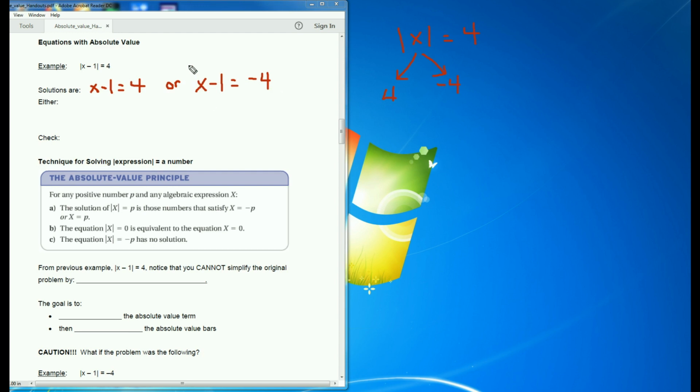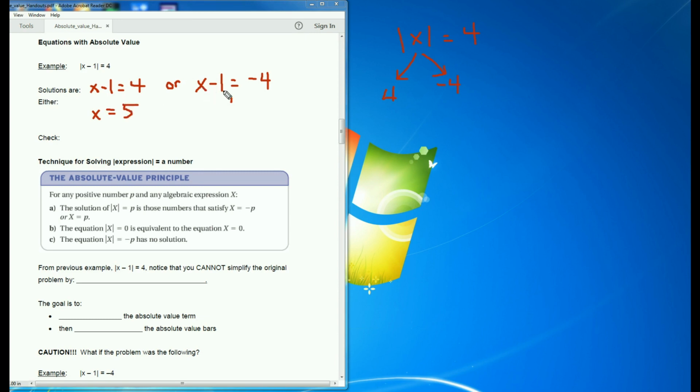All right, because that way when you take the absolute value of it, you end up with +4. So now that we've removed the absolute value bars, now it's just a very simple matter. In this case, add 1 to both sides. You get x equals 5.